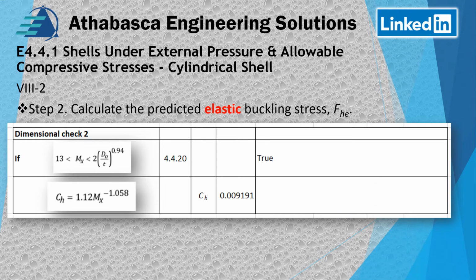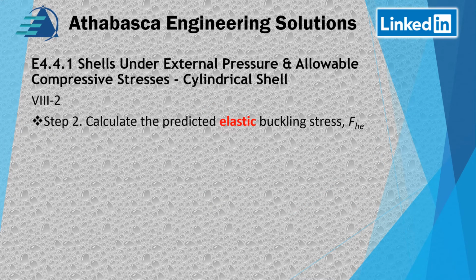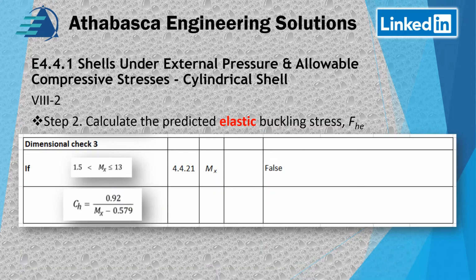So we're going to continue. If check 2 is also applicable, then we would use this equation instead. In this case, when we do the number juggling, we're right in between these two values, so we need to do that one. Now there's one more step, check 3, related to the geometry.